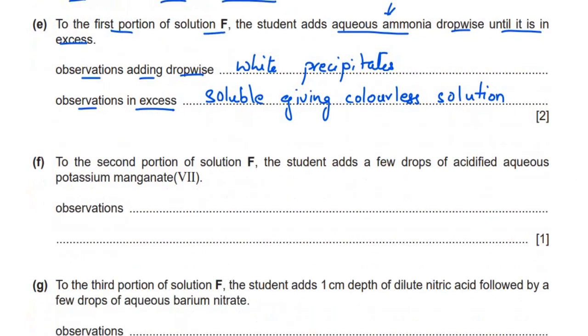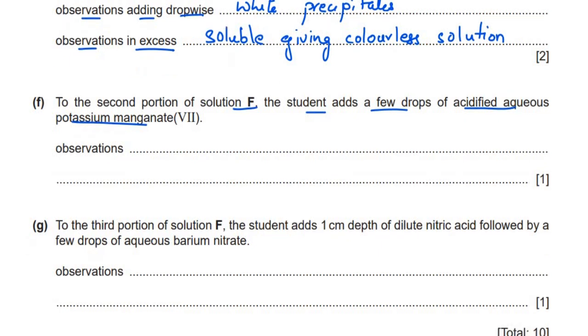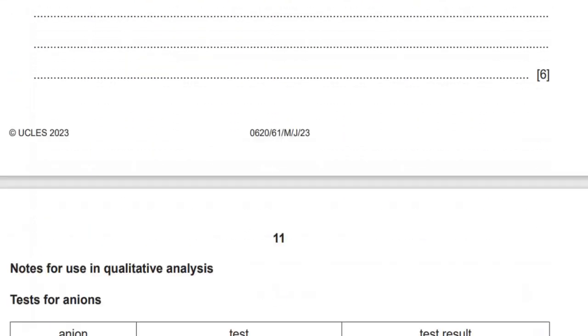To the second portion of solution F, the student adds a few drops of acidified aqueous potassium manganate. Now zinc is already done. Now we go ahead with the test of the sulfite ion, that is the anion.